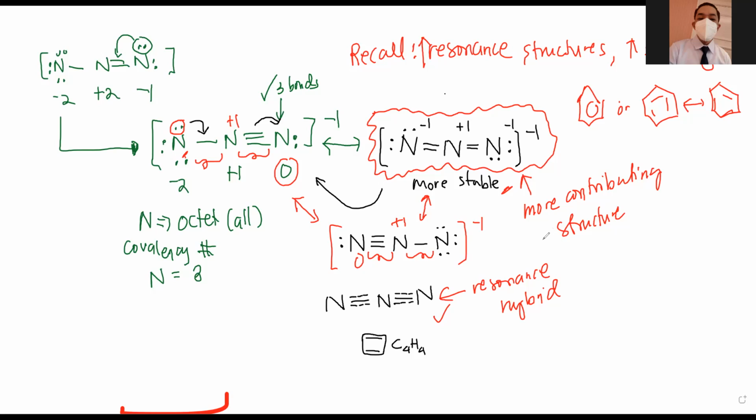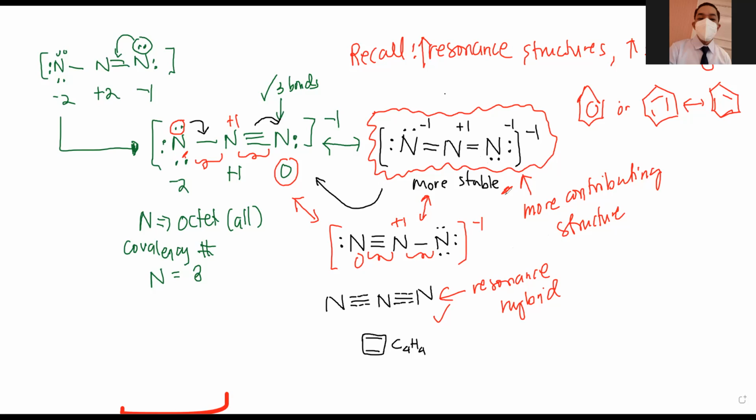Mag-a-add ka ng oxygen dito sa azide? Opo, but then the oxygen has one of the electrons replaced by a muon, so it will act like a nitrogen because the muon will go very close to the nucleus.